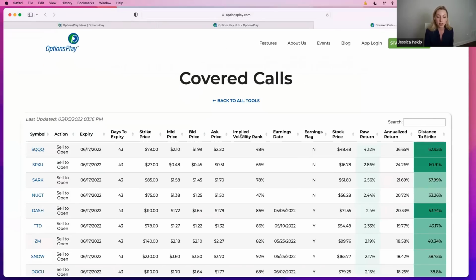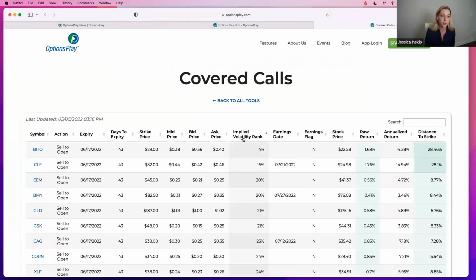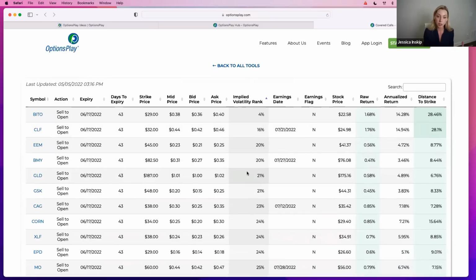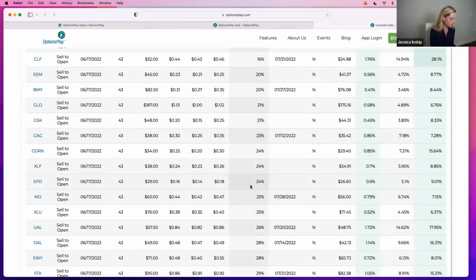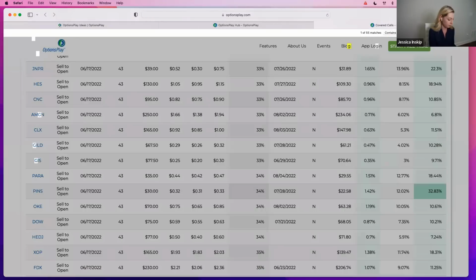I sorted it by implied volatility rank, because remember I said you want a lower implied volatility rank, just under 50 is what I'm looking for in order to execute this strategy. So these are optimal covered calls that have been pre-screened for you. This is the way I got my idea generation. I've found GIS on here, so I'm just going to Command F it, find it.